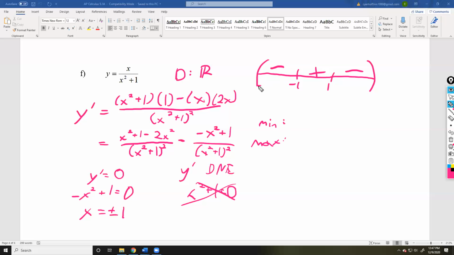If you can't keep them straight, then kind of sketch it out. A minimum should curve like this. So that means we need to change our slopes from being negative to being positive. And so -1 is our minimum. At 1, where it changes from positive to negative, is going to be our maximum.